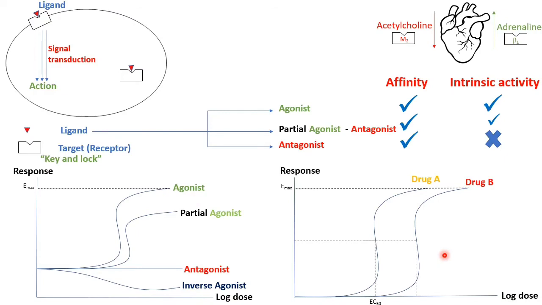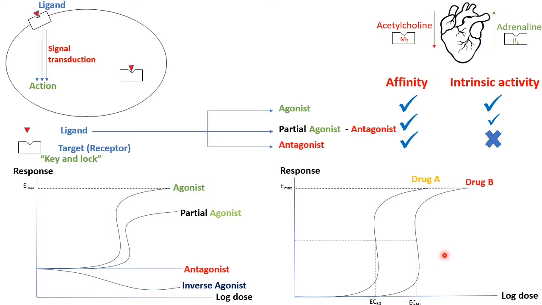So we say that drug A is more potent than drug B. We compare the potency of drugs by comparing their EC50.